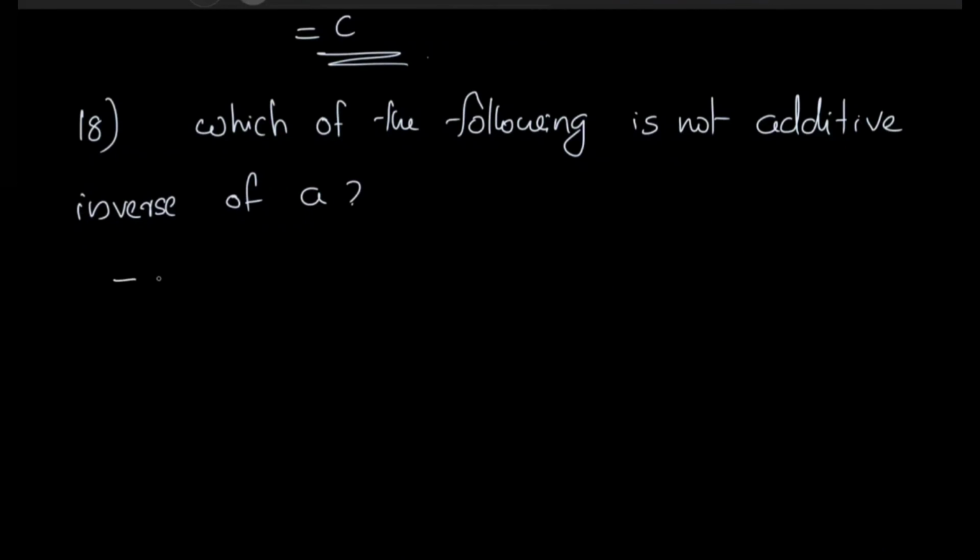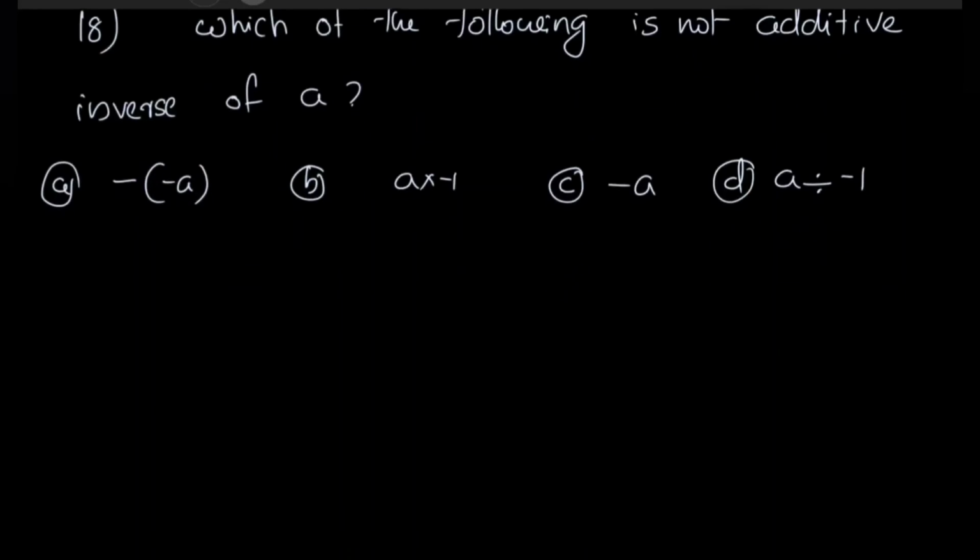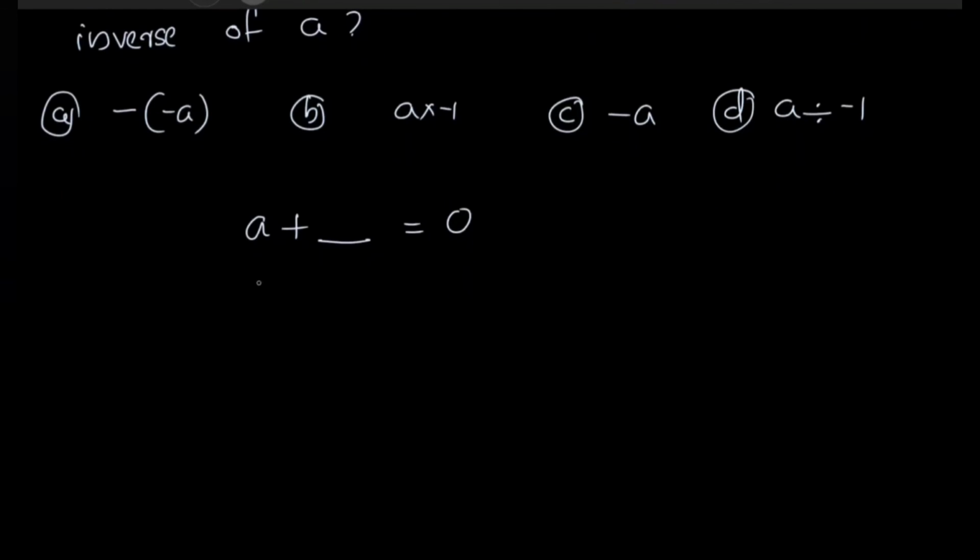The options are given: option A, negative of negative A; option B, A into negative 1; option C, negative A; and option D, A divided by negative 1. The additive inverse of A is something that, added with A, gives 0 as the answer. For that, simply change the sign, and then only we get 0. That means A minus A equals 0.